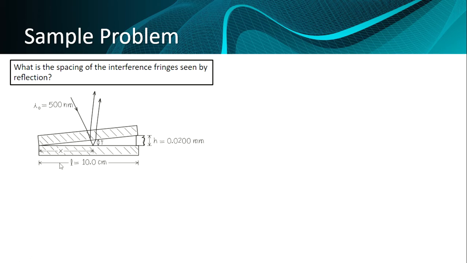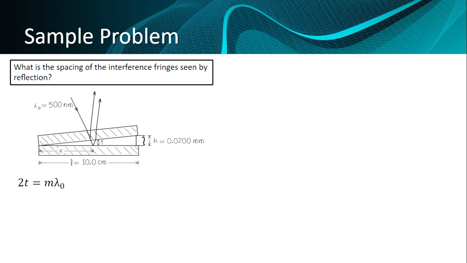Also the length of the air wedge is 10 centimeters, and the height of the end part of our air wedge is 0.02 millimeters. So what is the spacing of the interference fringes seen by reflection?